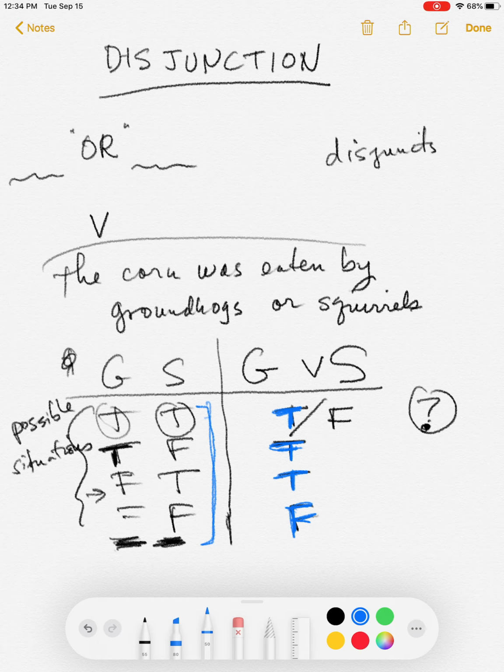But some of you, nevertheless, are thinking, no, no, no, I think this is the right way to define the disjunction, that it's true only when the disjuncts are different in truth value, when exactly one of the disjuncts is true, and otherwise it's false.